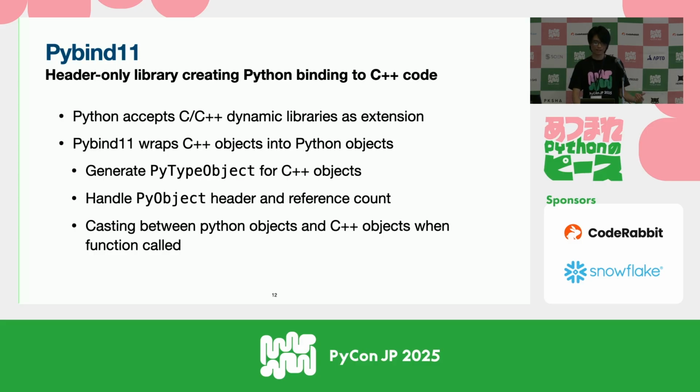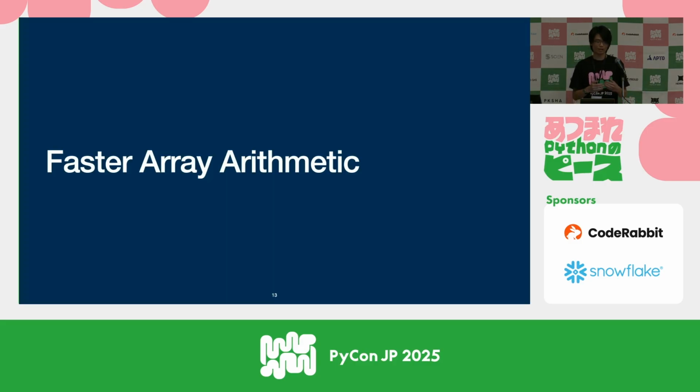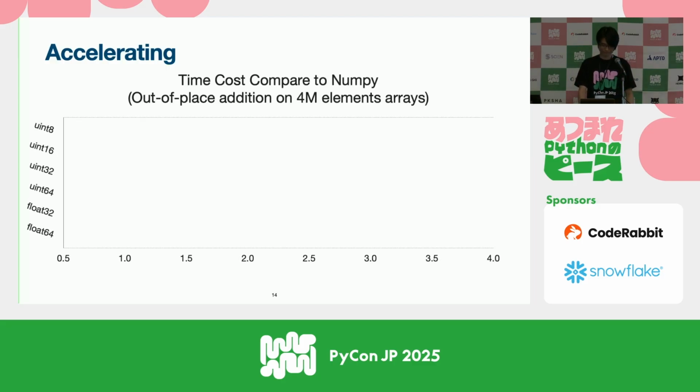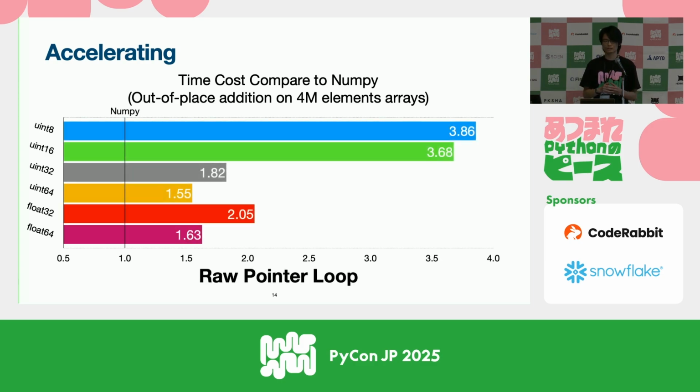Okay, and now I'm ready to tell you how I make the array arithmetic operation even faster. So here, I use some different techniques to accelerate these operations. First, we start using a loop with row pointer. And this is actually the way that NumPy implements the element-wise operation.